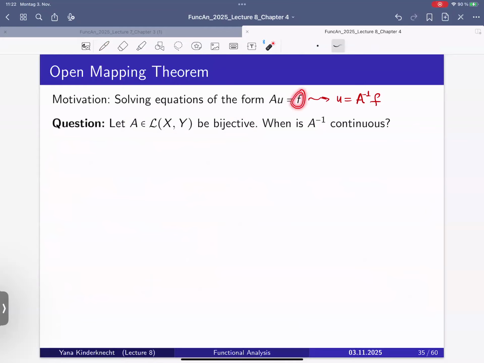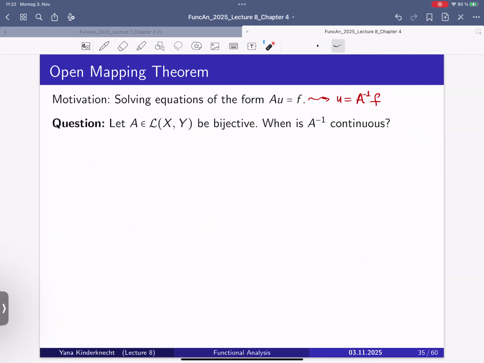The right-hand side is something known, but what does known mean? This means that it was measured in the lab, so it may have some mistakes. That's why the natural question arises: when is this operator A to the power minus 1 continuous? That is, when does the solution continuously depend on the right-hand side? That is, if we perturb the right-hand side a little bit because of measurement errors, the error in the solution will also be small.